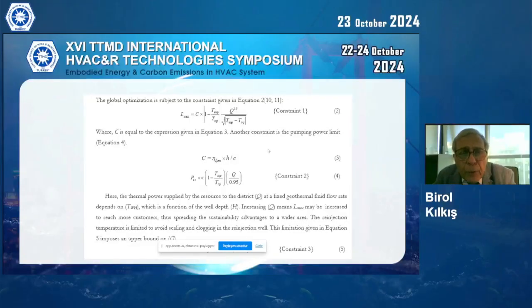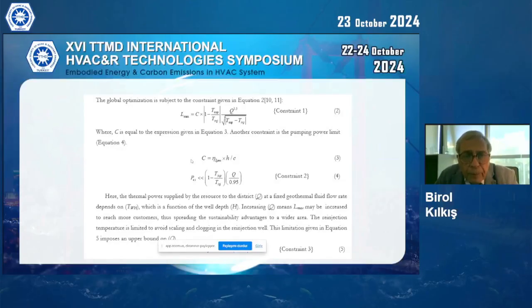As I mentioned, the maximum distance from the geothermal field to the district is a function of Q, the heat that is delivered. It is a function of Q to the power 1.5. The supply and the return or injection temperatures are also a factor. C is a constant depending upon your piping, the internal friction, the viscosity, etc., and the pipe material. As you see in equation 3, C is also a function of the first law efficiency of the pumping engines.